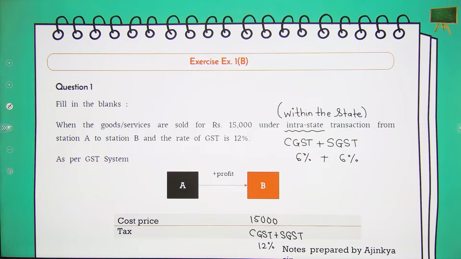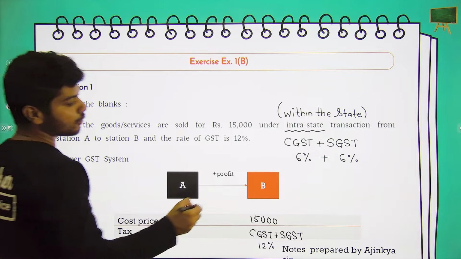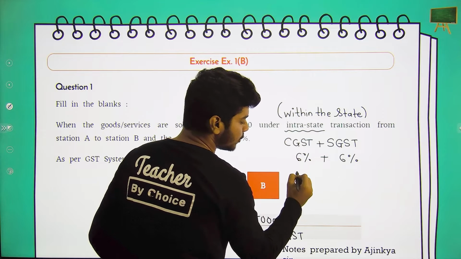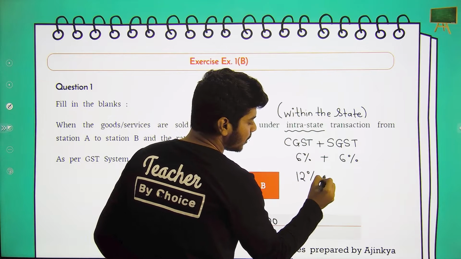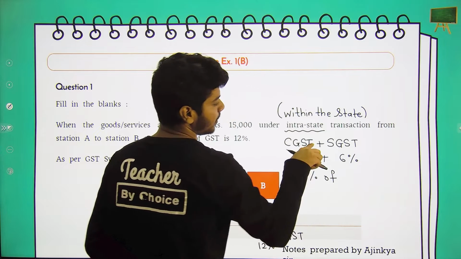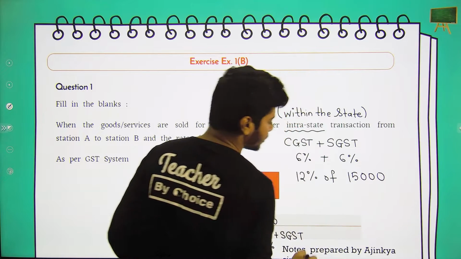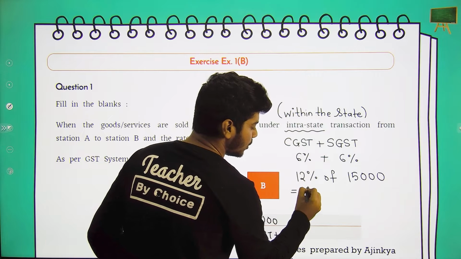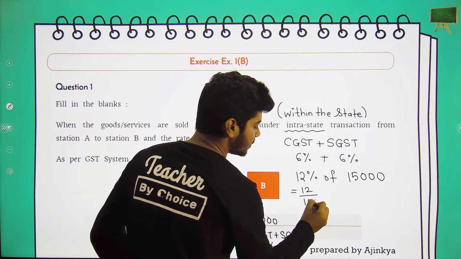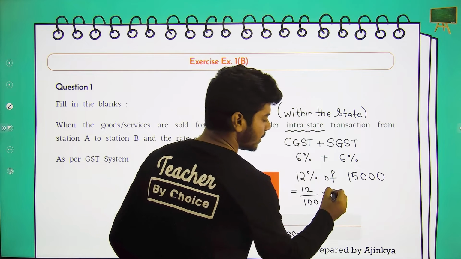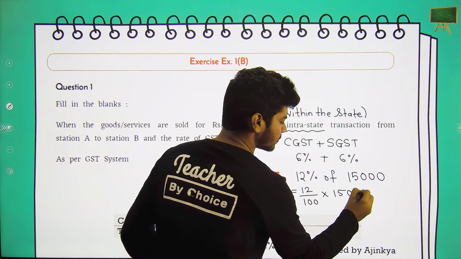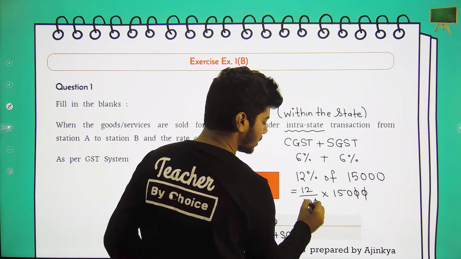Whenever we talk about the tax, this total 12%, can I say 12% of 15,000? 12% of 15,000 will be equal to 12 divided by 100 of, meaning multiplied by, 15,000. Zeros cut.